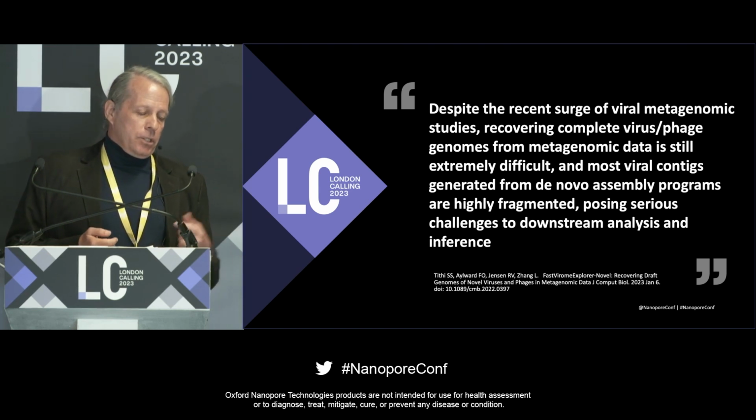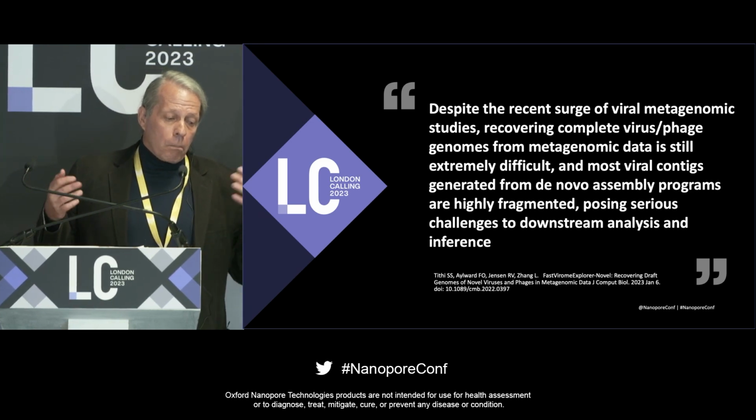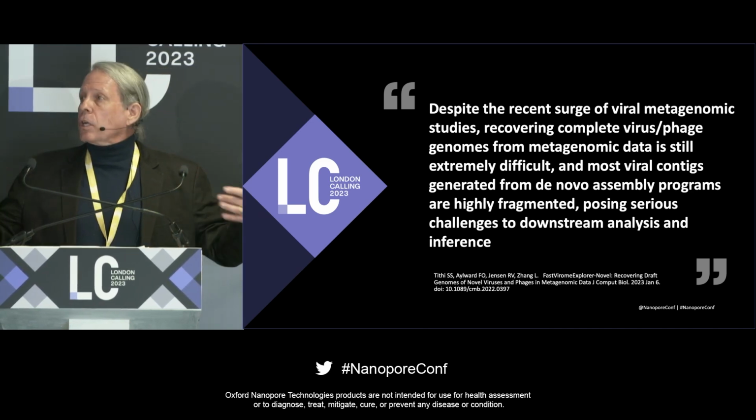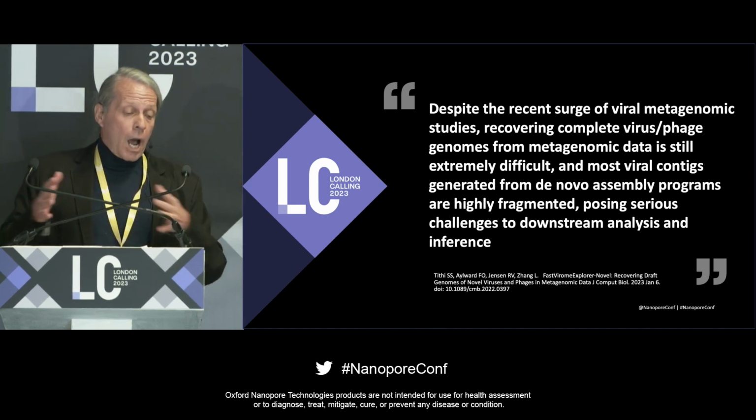And this is from a paper of one of my former postdocs, and they quite well state that most viral contigs you generate from shotgun assemblies from complex communities are highly fragmented. And this, of course, poses challenges to downstream analysis and even understanding the structure of viral genomes in situ.